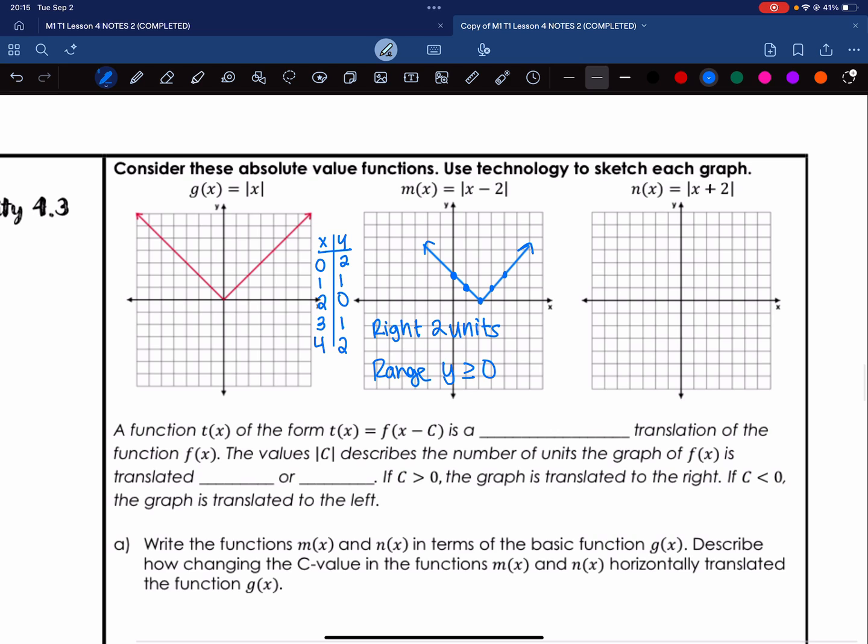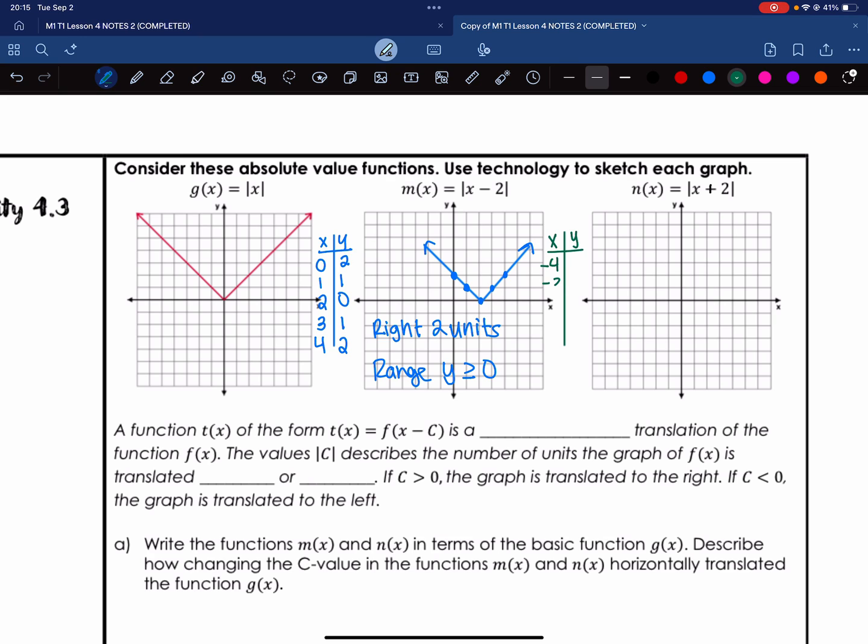Okay, looking at the next one, we're going to plot, and this time I'm going to use some different points. Again, why? Because I know the points that I need to graph what I want it to graph. So this time we're going to start at negative 4 and work our way to 0. So negative 4 plus 2 is negative 2.